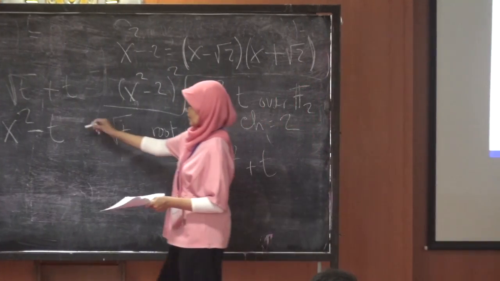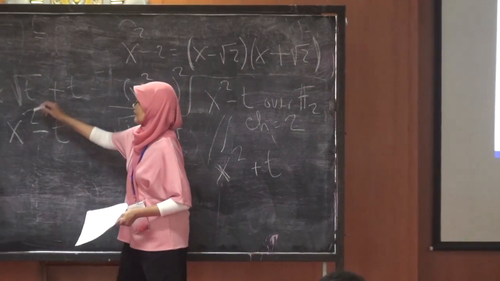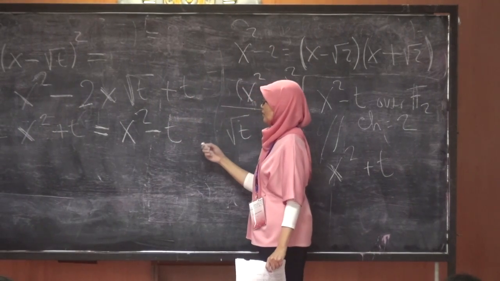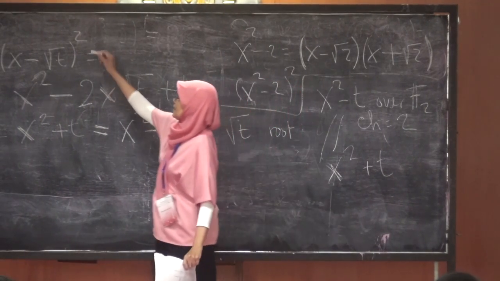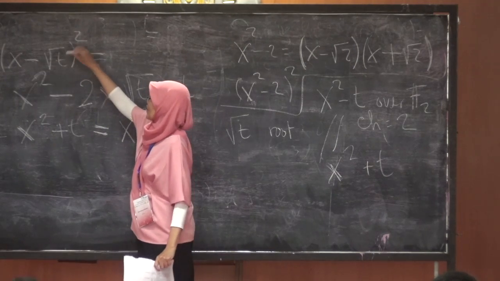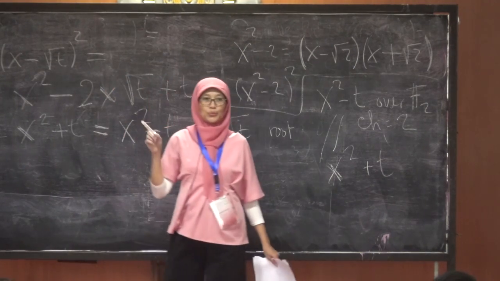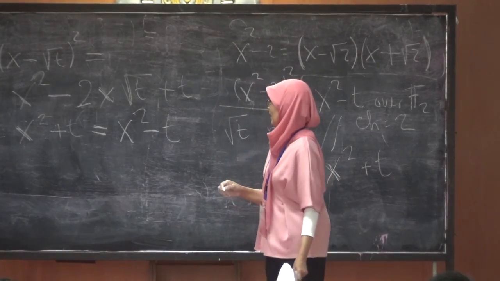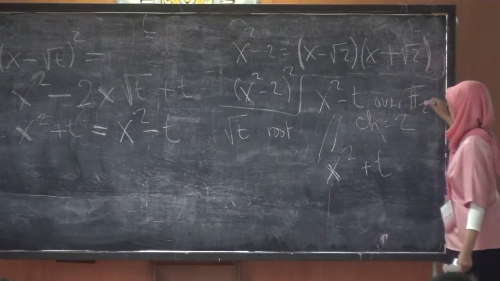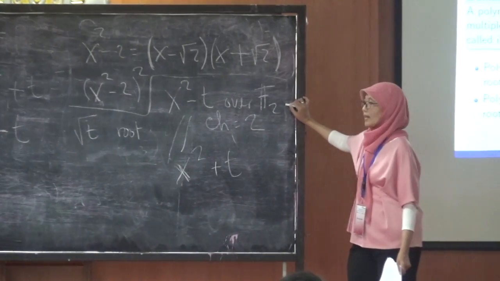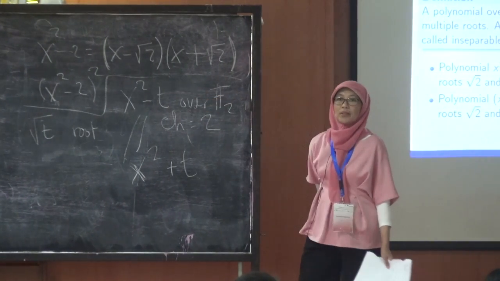So when it is 0, this is also 0. So this polynomial has roots, factorized, with multiplicity 2. It means not separable, or inseparable. Yeah, this is for any field of characteristic 2. You always have this polynomial inseparable.